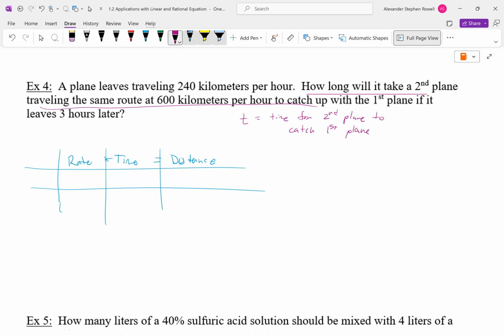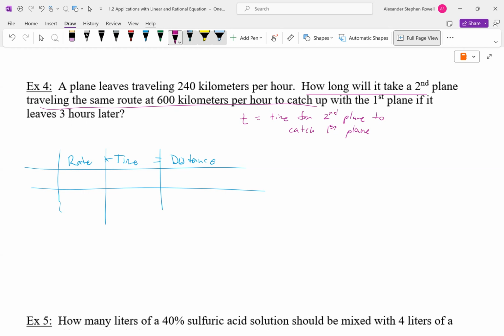Okay, so can we imagine this scenario? A plane leaves going 240 kilometers per hour. How long will it take the second plane traveling the same route? So they leave from the same place and they travel in the same direction until they meet. Okay, so we're going to diagram it.